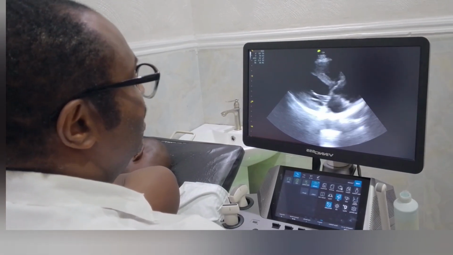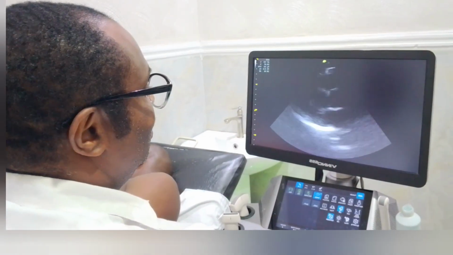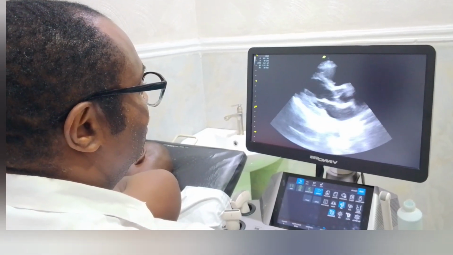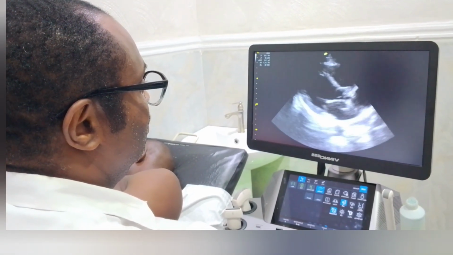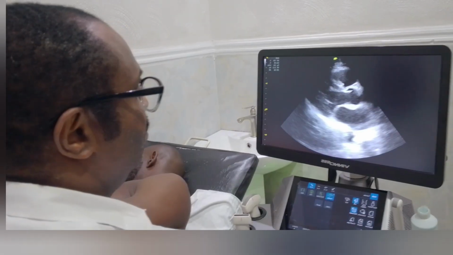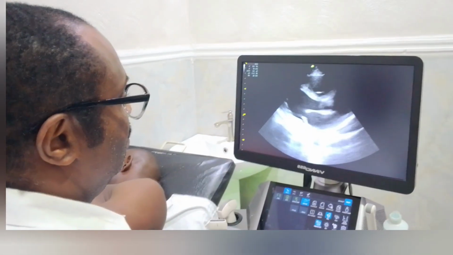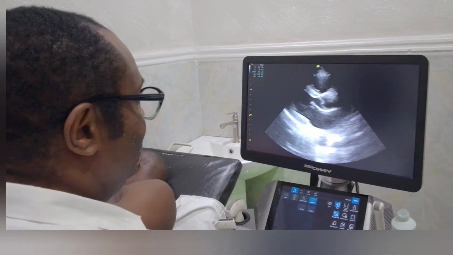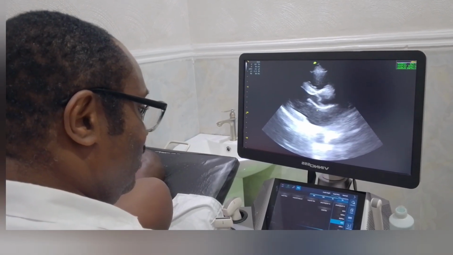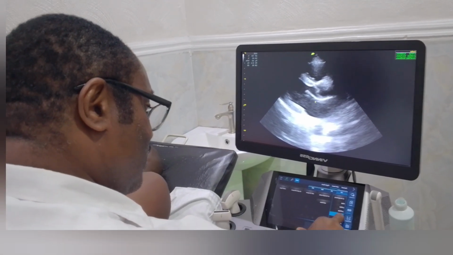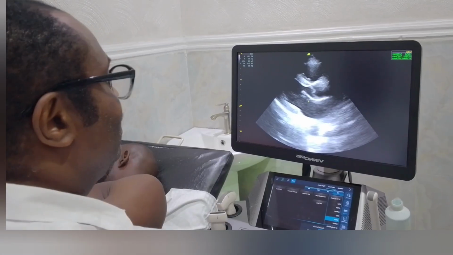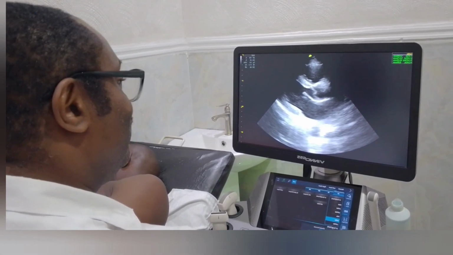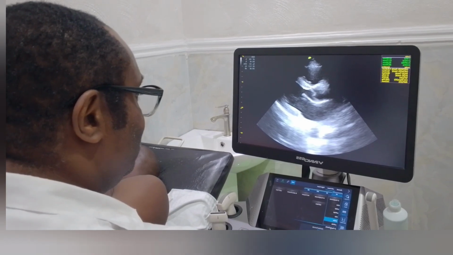In diastole, the heart relaxes. Or in systole, it contracts. And this is systole. This is systole. This is diastole. Systole. So we measure the left ventricular internal diameter in systole just beyond the mitral valve leaflets.